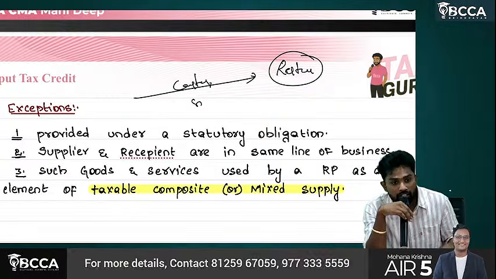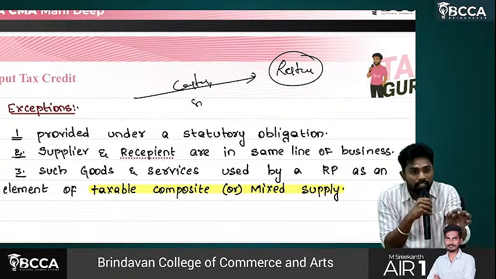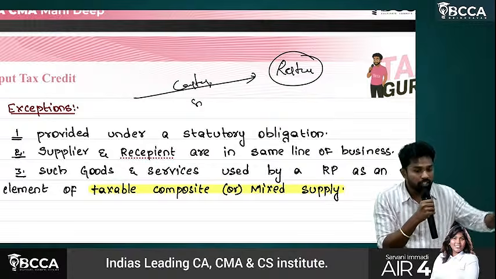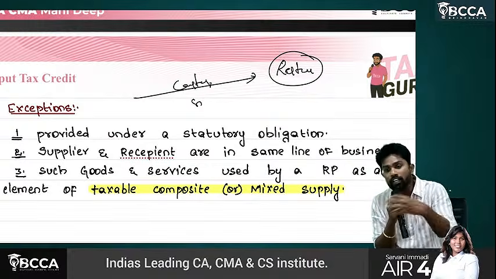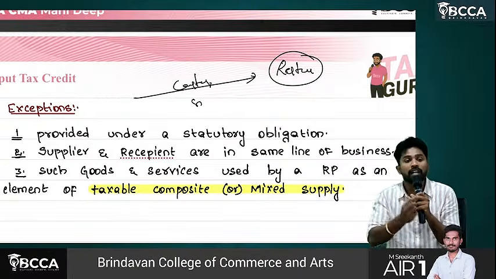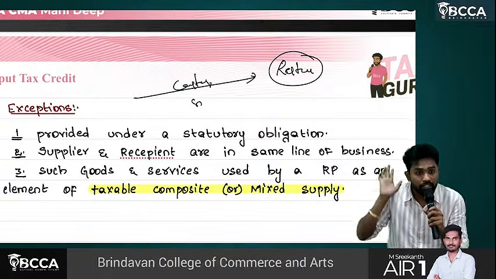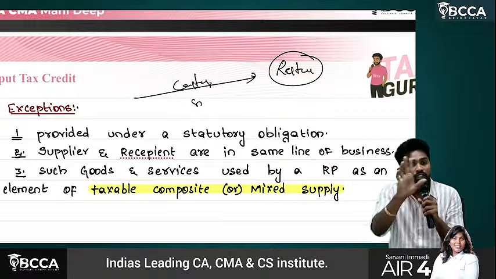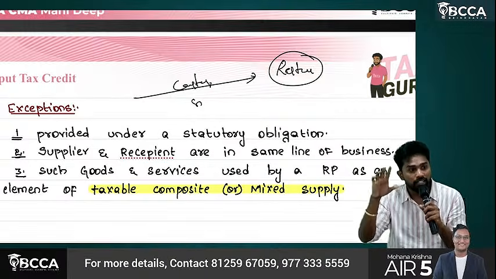So you'll not leave it easily. That means it's an important element in the bundle. That's why, to make their outward supply, this part becomes an important inward element. So railways also can avail ITC on that catering service.